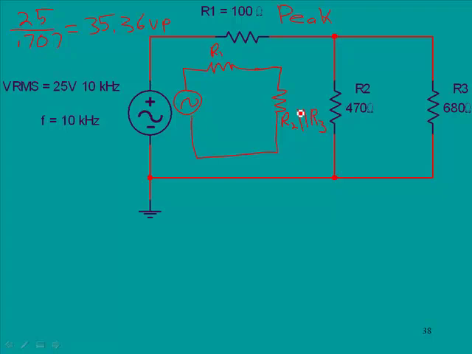We need to do a little math here, and remember the calculations for parallel circuits. We would say 1 over 470 plus 1 over 680. And if we did this calculation, the resultant value is about 278 ohms.